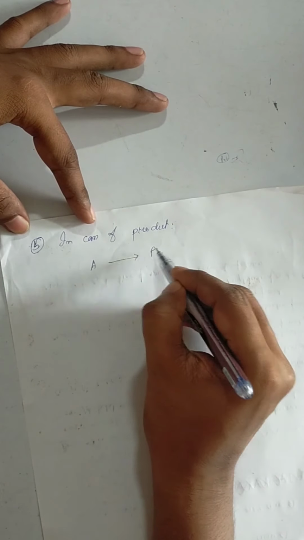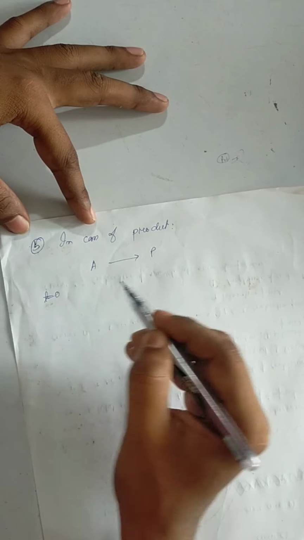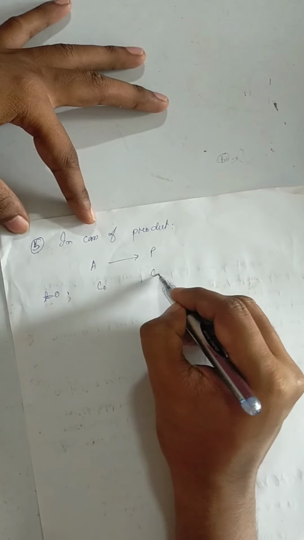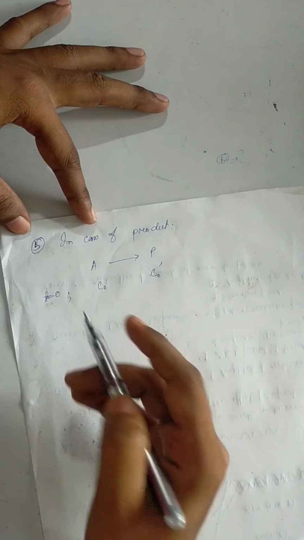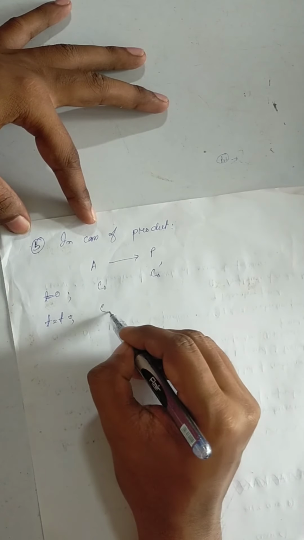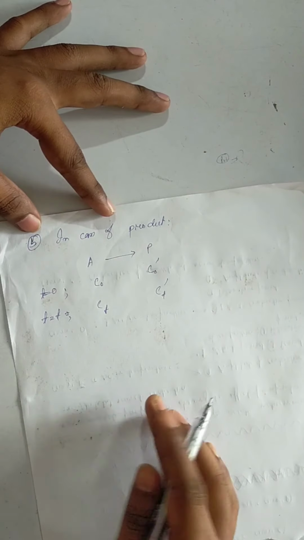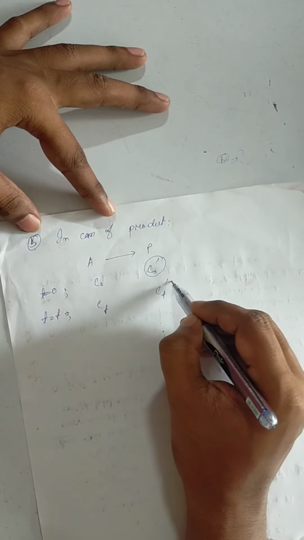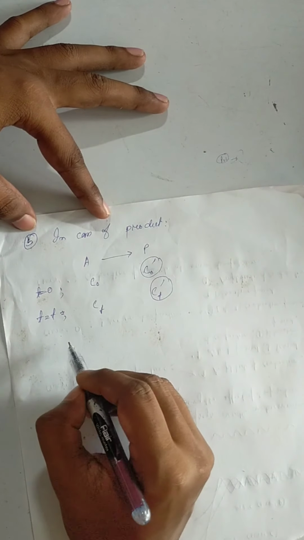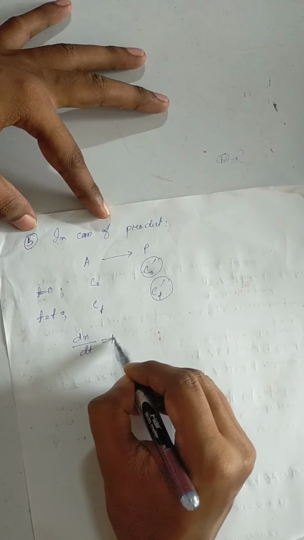A is the reactant, product is P. At t is equal to 0 time, C naught, product will be C naught dash, and when time is t, Ct dash. In case of product, we can write dx/dt is equal to k.